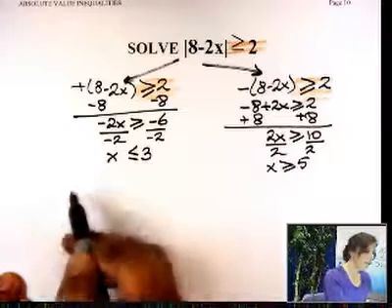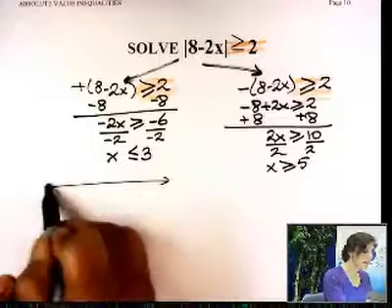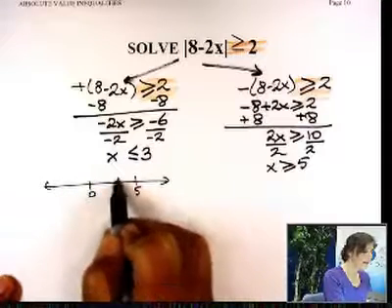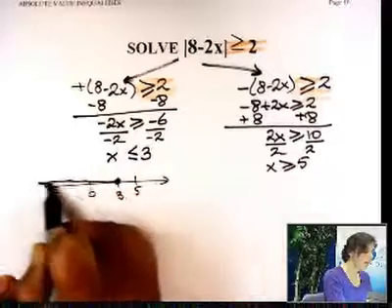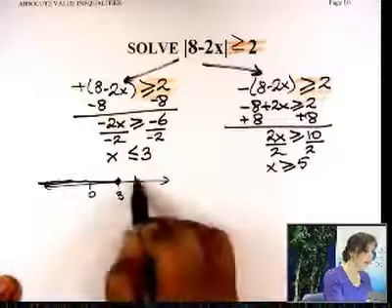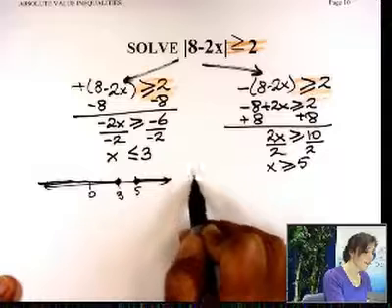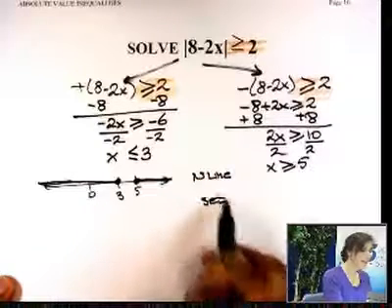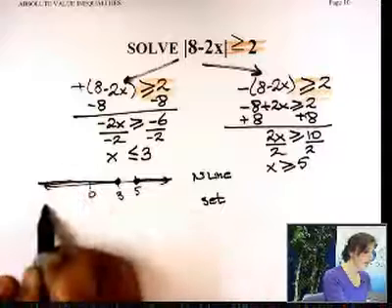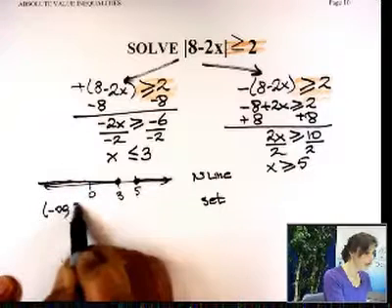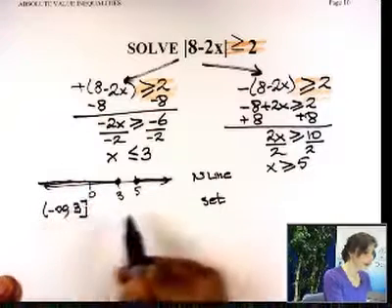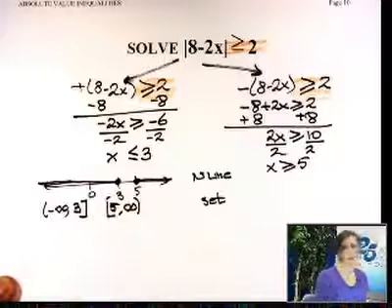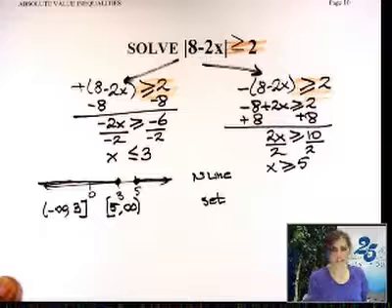How's that work? Number line. 0, 3, 5. Less than or equal to 3. Greater than or equal to 5. How about interval? This way, negative infinity to 3, I want 3. 5 to infinity, I want 5, but I don't want infinity because infinity never takes a bracket.